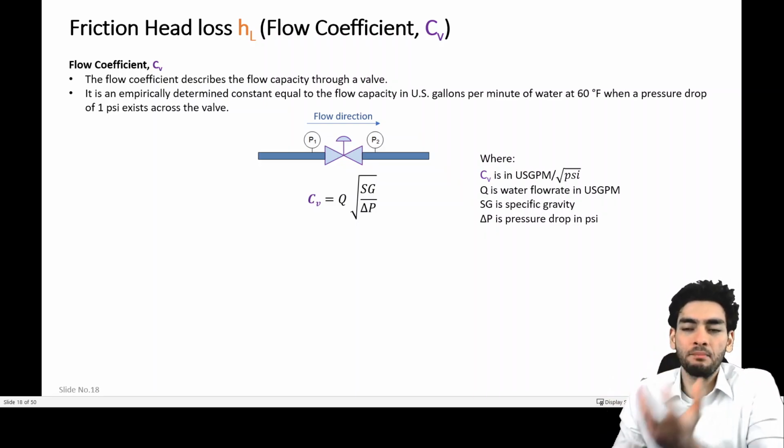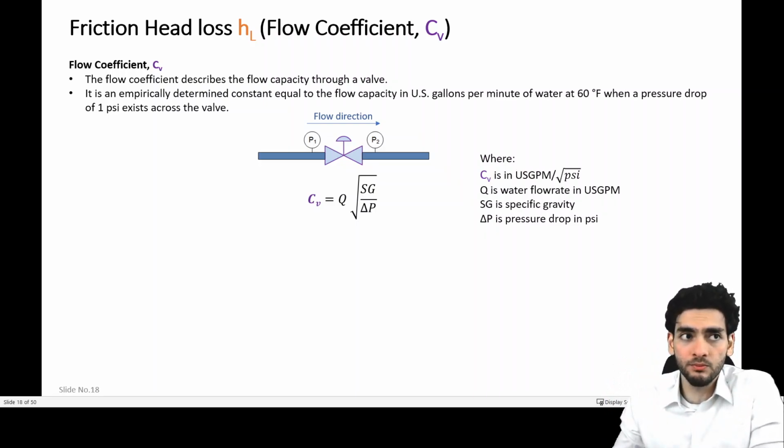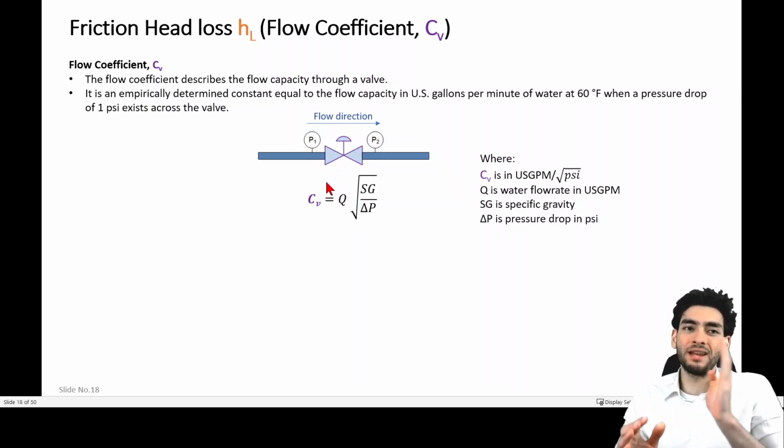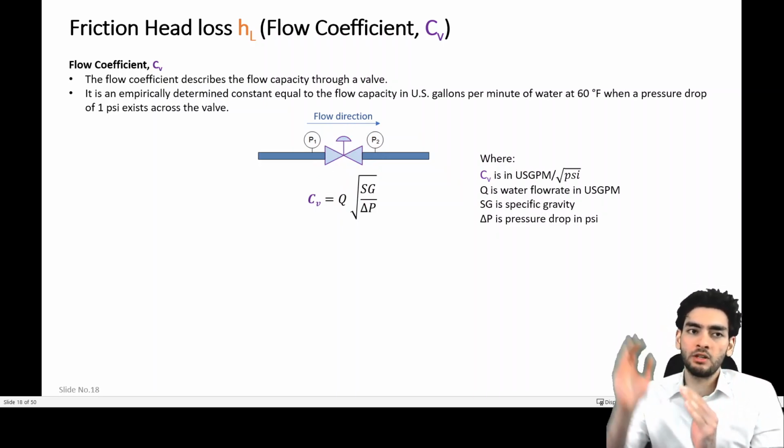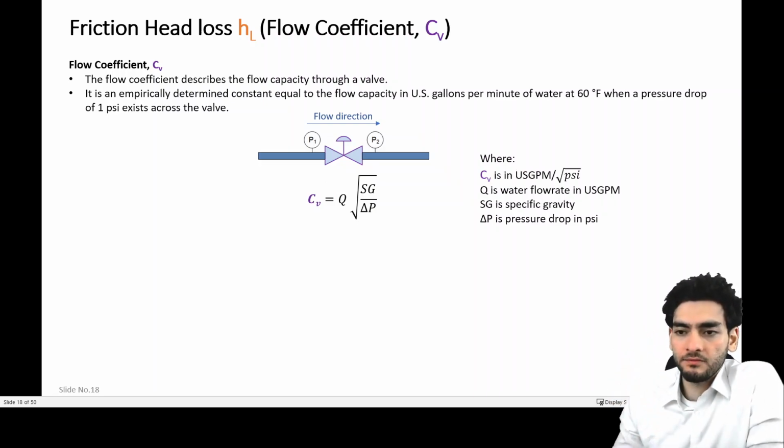So what does that mean visually? If you imagine you have a piping spool and you have placed a valve inside that piping spool over here, and let's say you have a pressure gauge right before the fluid enters the valve, and another pressure gauge right after the fluid exits the valve.